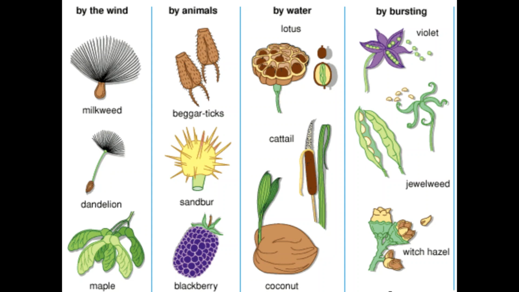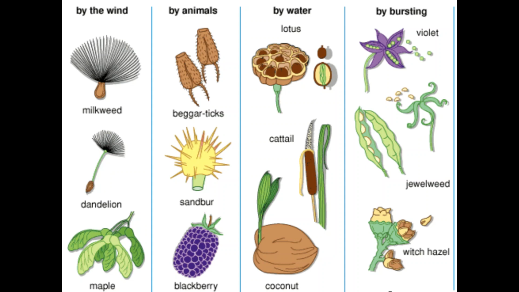Some of them will grow, some will not be healthy, and some seeds will die. So seeds need to be scattered, dispersed properly to avoid overcrowding.